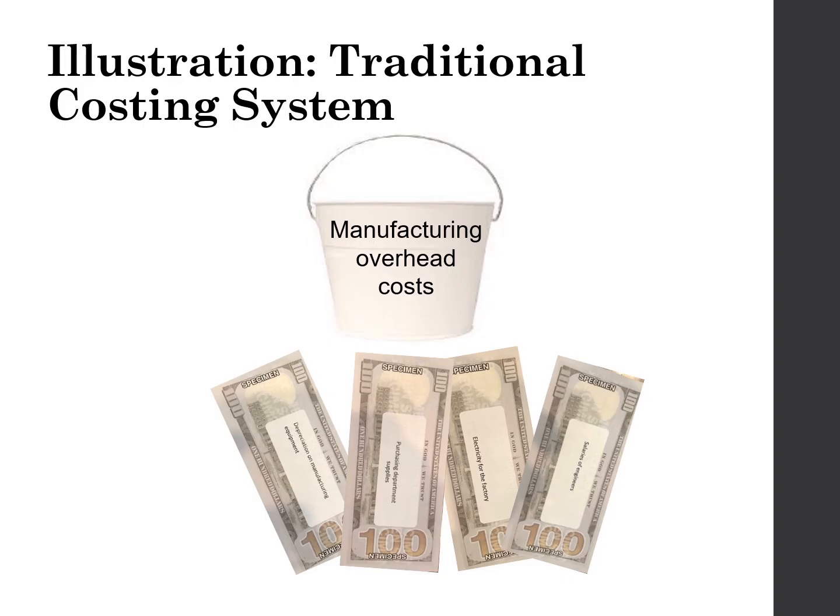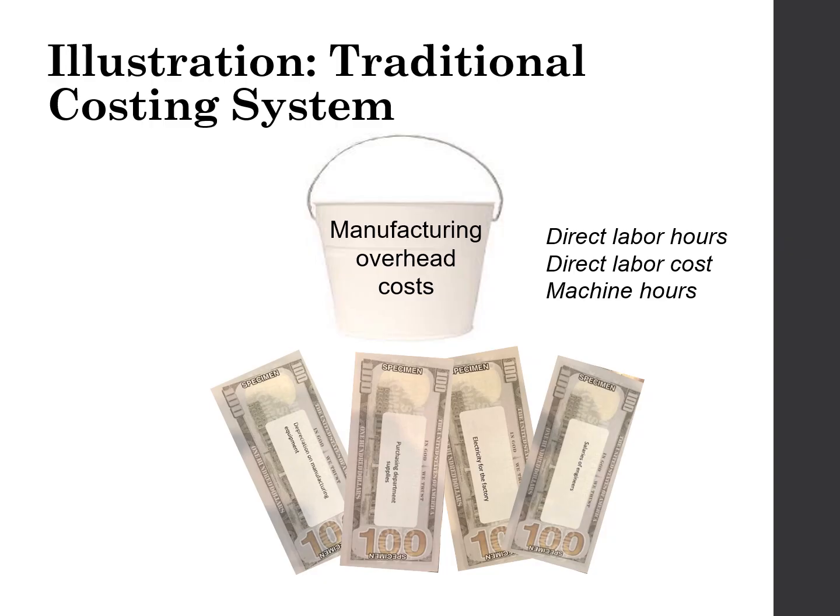A traditional costing system allocates manufacturing overhead to products using direct labor hours, direct labor cost, or machine hours. Under this approach, all of the overhead costs are put into one bucket and allocated to products using one activity base.